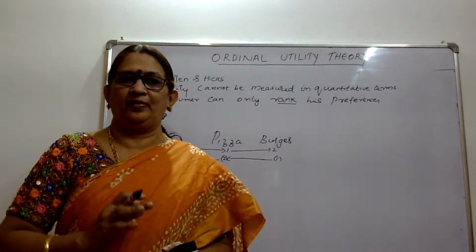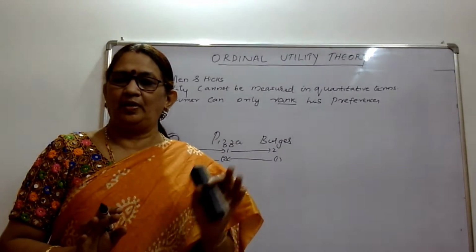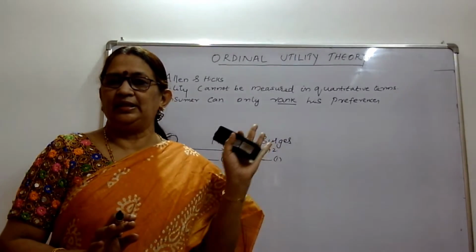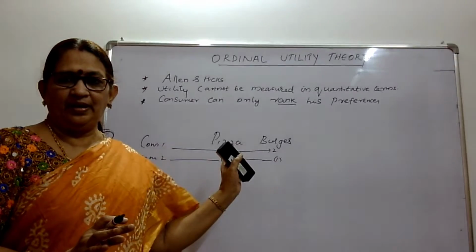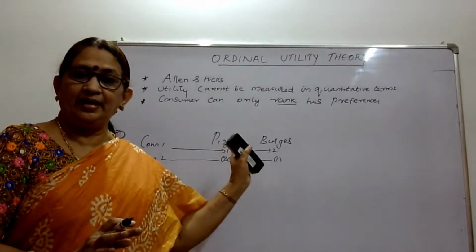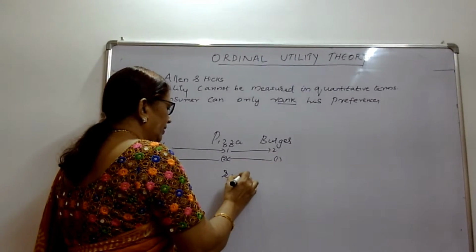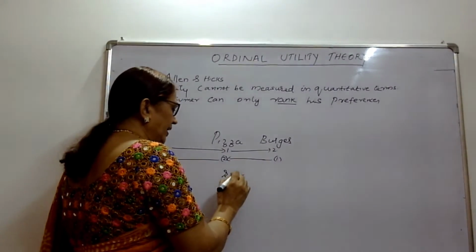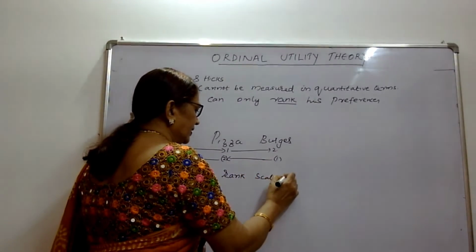It is not possible. So ordinal utility theory says that utility cannot be measured in quantitative terms. We can only rank the preferences, or scale of preferences. Ordinal utility says that a consumer can only rank his scale of preferences.